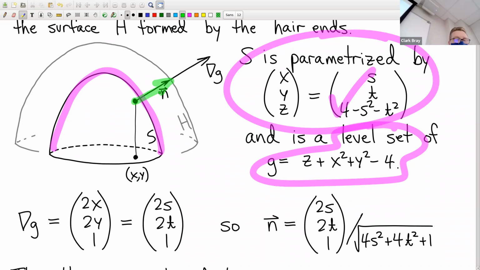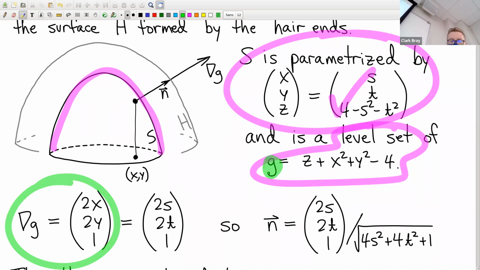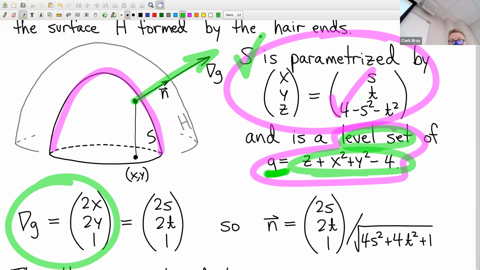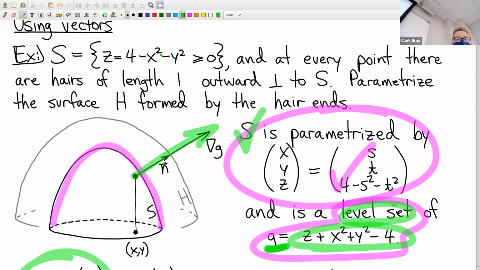I need any vector perpendicular to the surface, and conveniently, the gradient of the function whose level set you're looking at is perpendicular to the surface whose level set you're looking at. G is the name I'm giving to this function whose level set is my original surface. In other words, I took all of this stuff and moved it over to the other side of the equation.